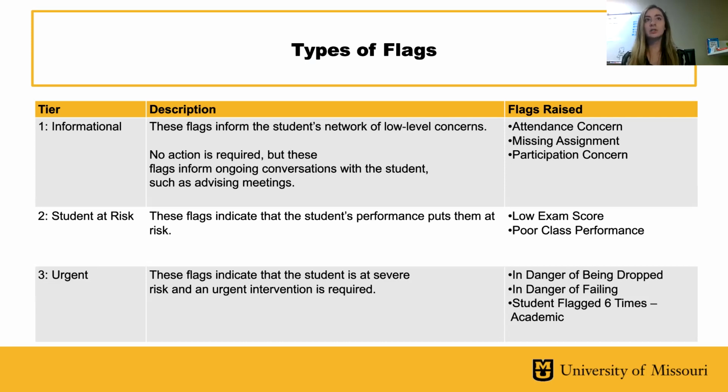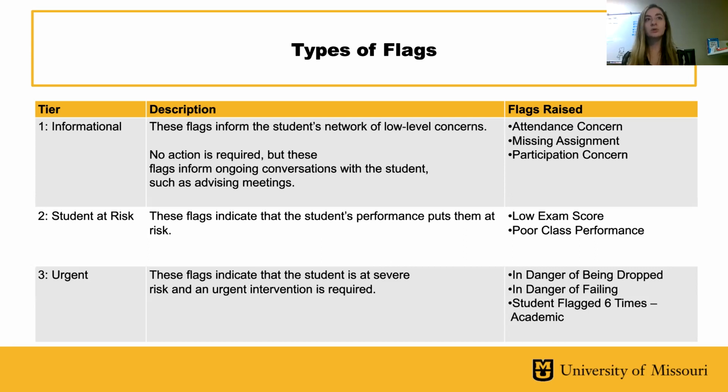So attendance concern, missing assignment, and participation concerns are all housed under the informational tier. And so these are more just informational. So advisors or anyone the student is meeting with can have this information that might be particularly important for conversations that they're having with the student.